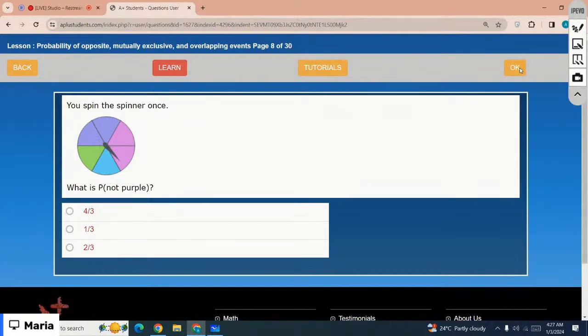You spin the spinner once. What is the probability of not purple? Which is the correct option?